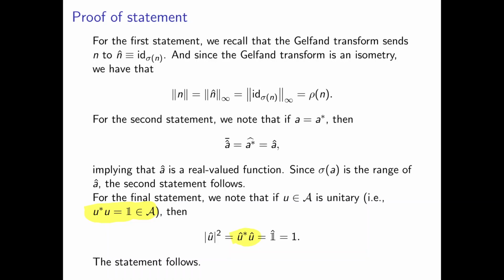But this is, of course, just the hat of U star times U, which is equal to 1. So we get that this is the hat of 1. But the hat of 1 is just the function that takes every element to 1. And the statement follows.